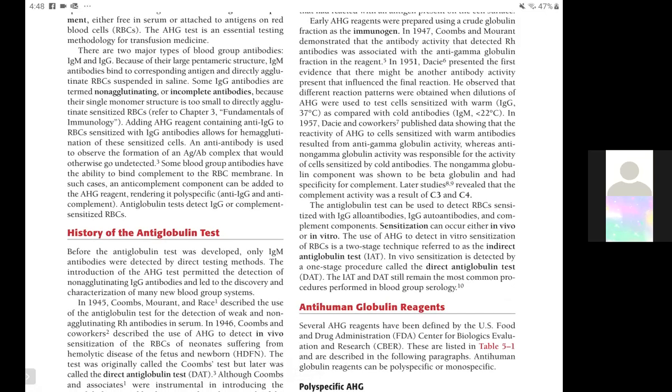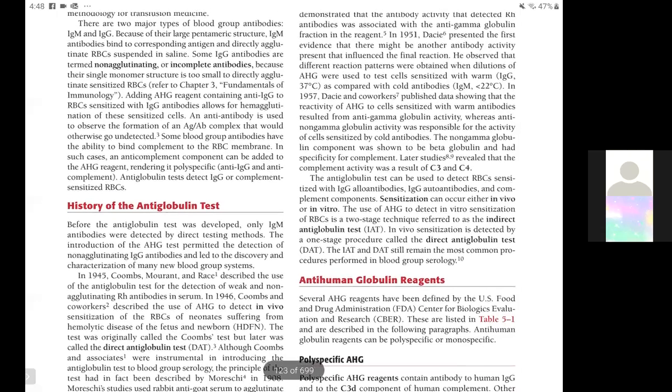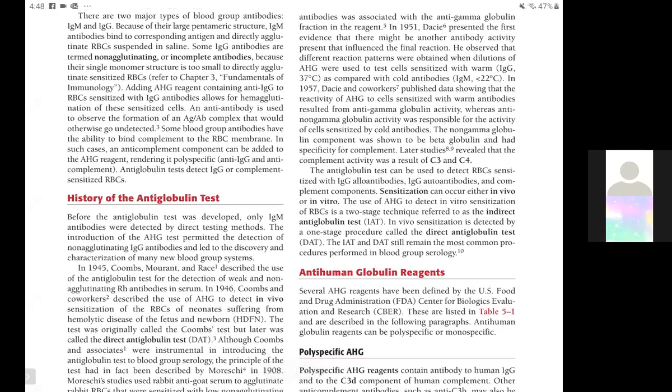So he observed that different reaction patterns were obtained when dilutions of the AHG were used. AHG has an IgG component, and if you use dilutions of it, different reaction patterns could be seen. For example, if we test cells which have been sensitized with IgG, then of course the anti-IgG would react in one way.